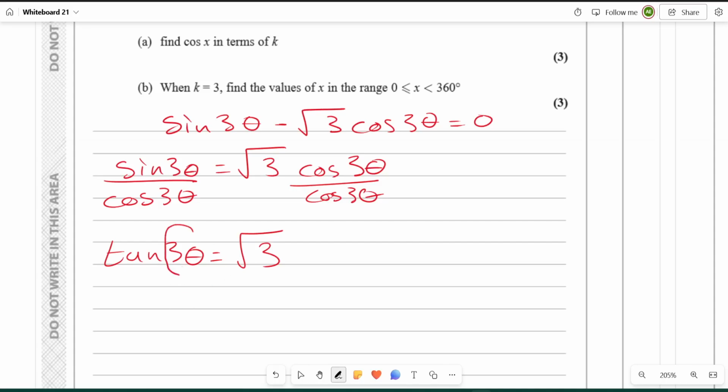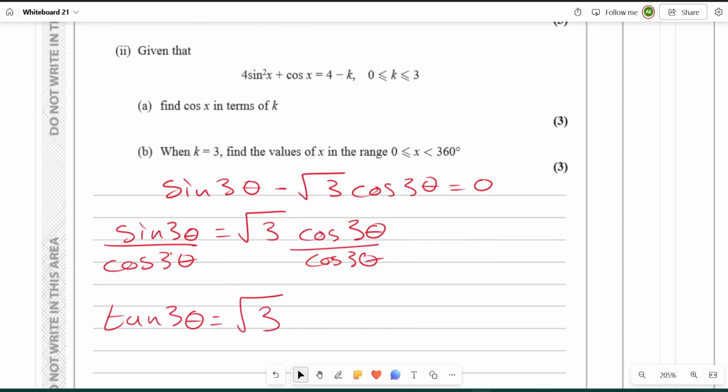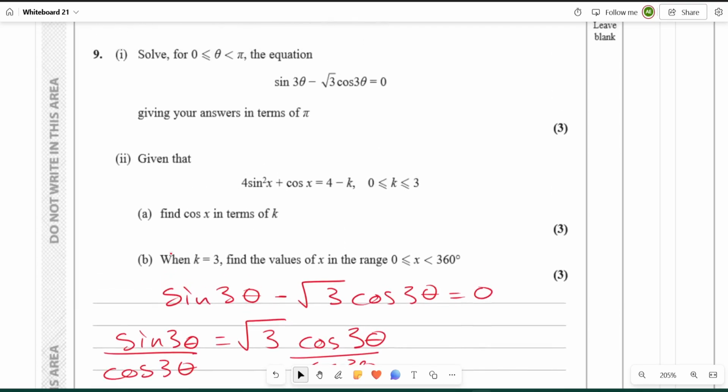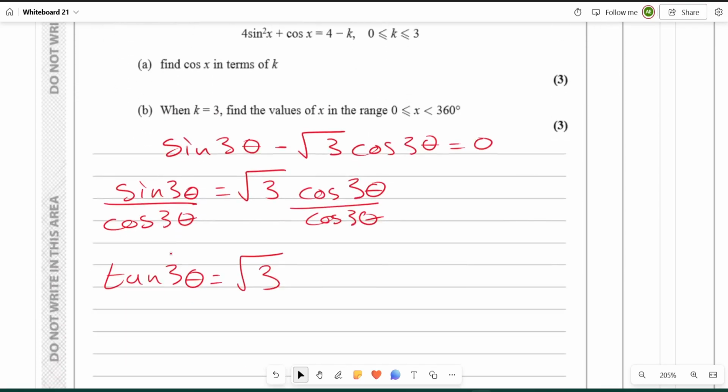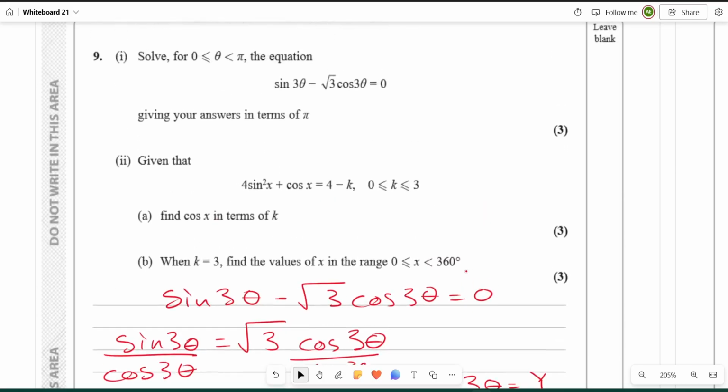However, the only issue is that this is a 3 theta, and I told you I don't like having anything besides an x or a y. I don't want anything multiplied to it, added to it, or subtracted. So what we are going to do is say that 3 theta is going to equal y, and we also need to adjust our range.